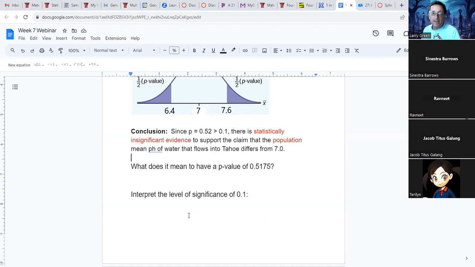Okay, let's interpret the level of significance. And remember, the interpretation starts the same. The first sentence or two is exactly the same.